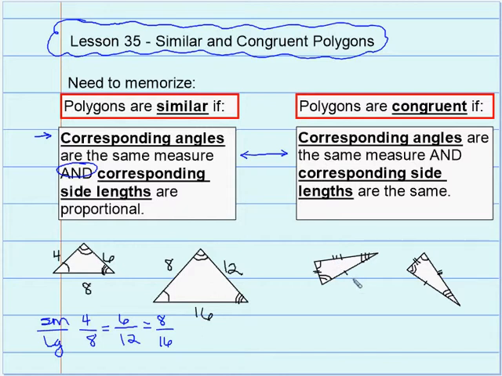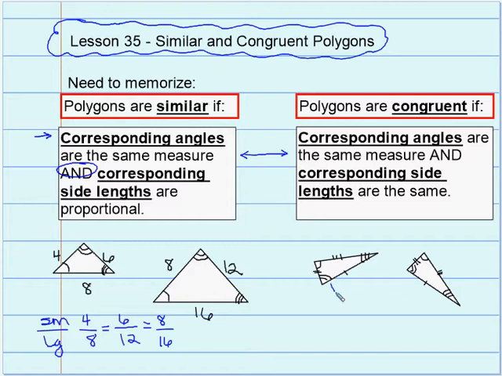So here are 2 congruent triangles. Notice that they're rotated a little here. I have one angle that corresponds with this one. This one is 3, so it corresponds with the 3. This one is 2, so they correspond.